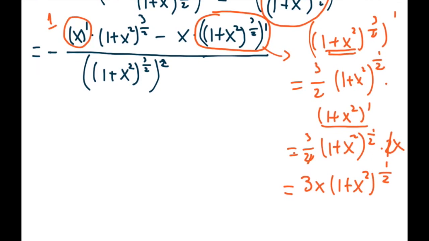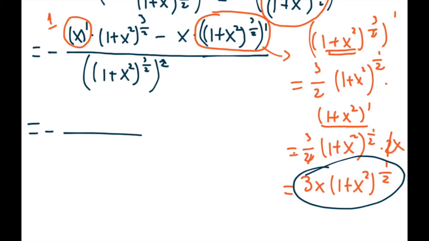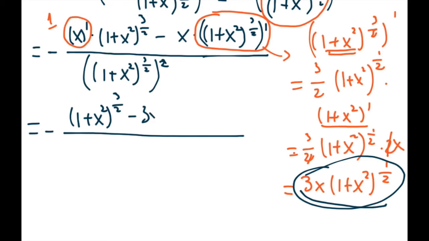Okay, so if we plug this part back into our problem, we have negative. So this part is 1 times 1 plus x squared to the power of 3 halves. So it is just 1 plus x squared to the power of 3 halves minus x times this part, that is 3x squared times 1 plus x squared to the power of 1 half.